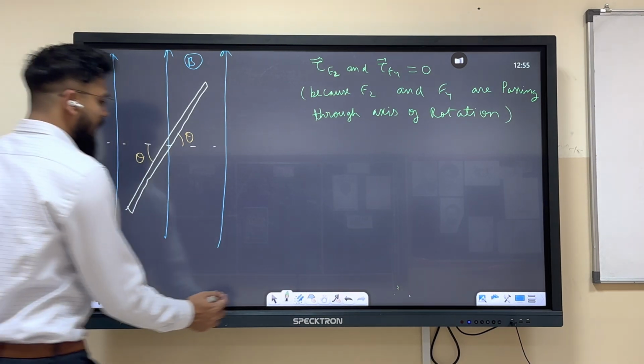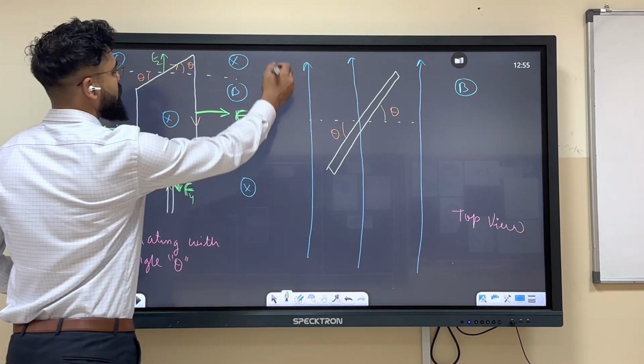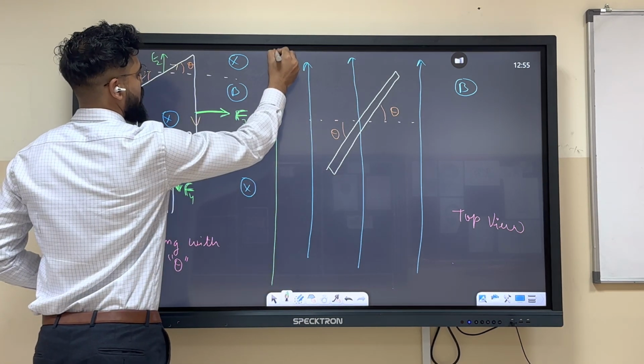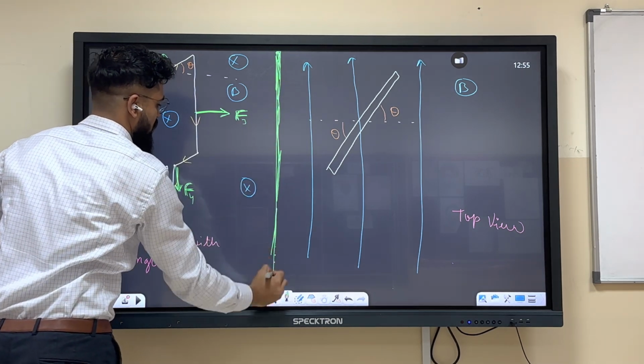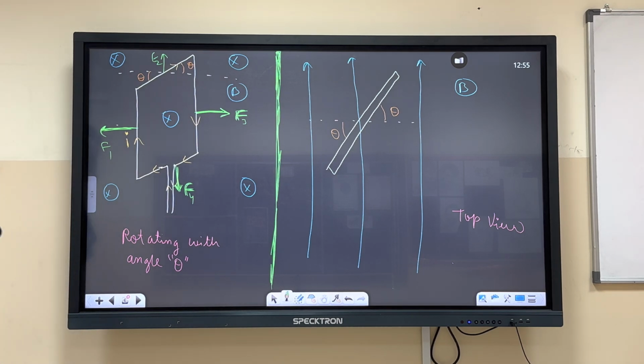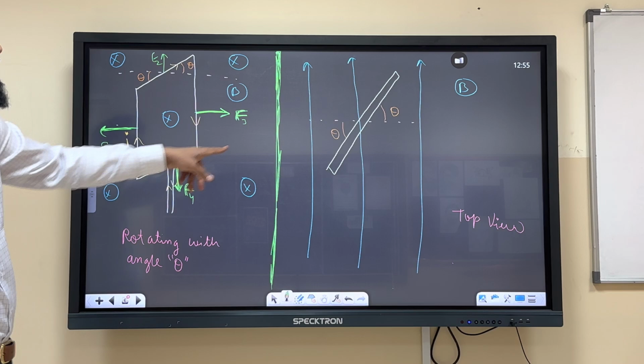Okay, let's see now. Now this is the top view. Now we are dividing this into side view and top view.